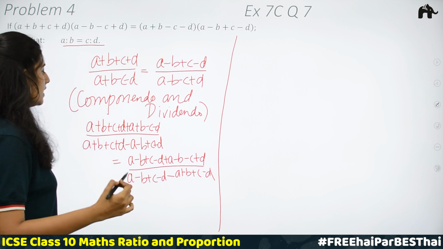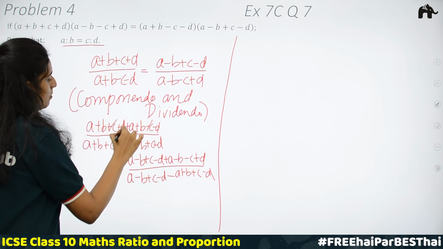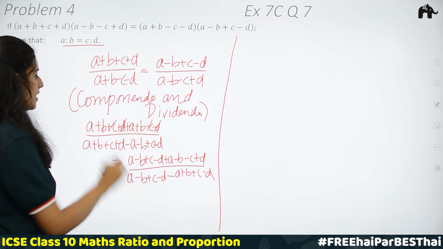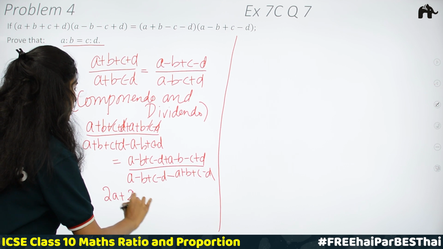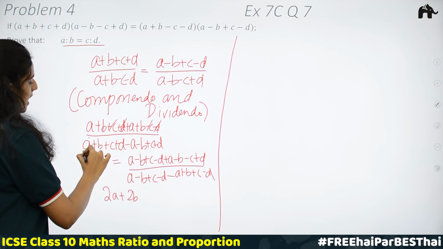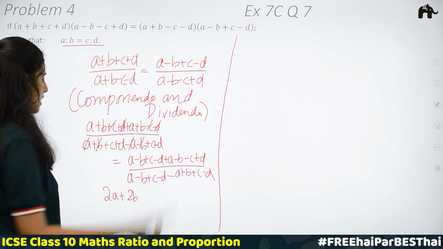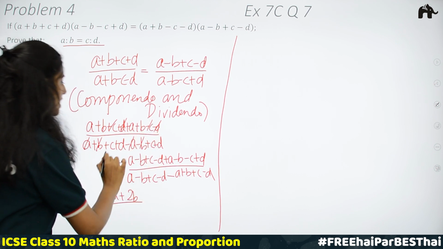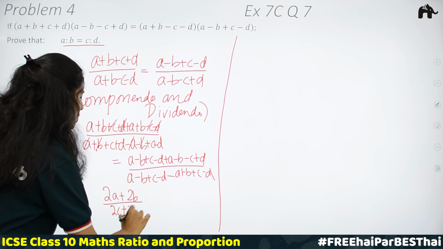Now we can cancel similar terms. Here plus c minus c can be cancelled, plus d minus d can be cancelled, then you will be having 2a plus 2b. Denominator, a and minus a can be cancelled, then b and minus b can be cancelled. You are having c plus c, 2c plus d plus d, 2d.